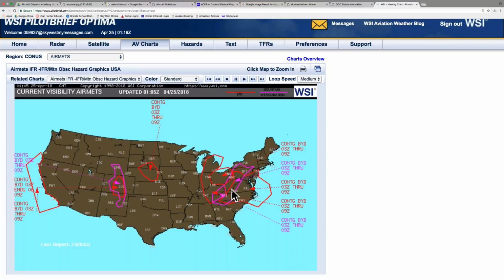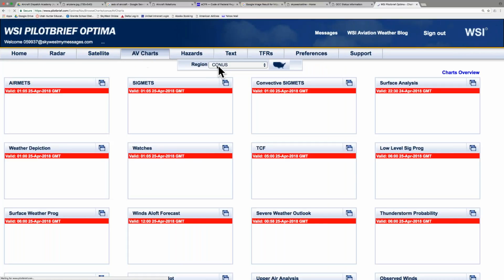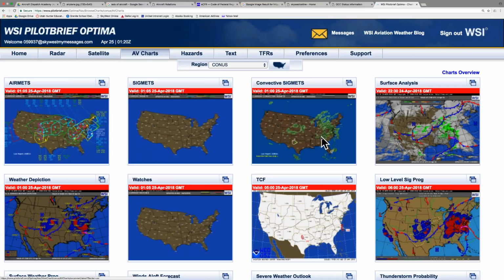We look at this chart, and then we actually look at what's being reported at these airports in these areas, because these charts are just giving us a real basic idea of things that could be occurring. Like it said, it's a forecast. Forecast just means this is a weatherman's best guess on what's possibly going to happen throughout a day.